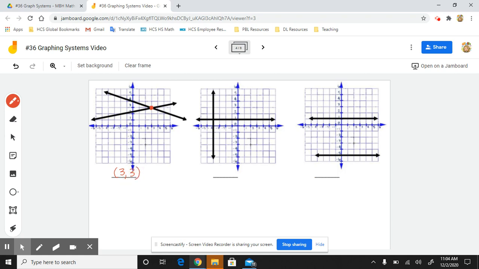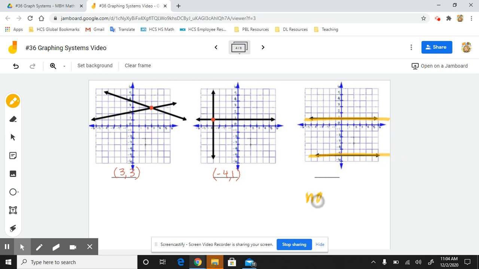So 3 comma 3 is my intersection point or my solution. And on this next one here, we are over to the left 4, so negative 4, and we are up 1.